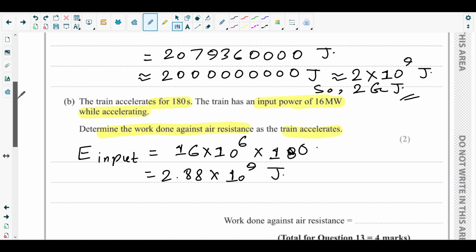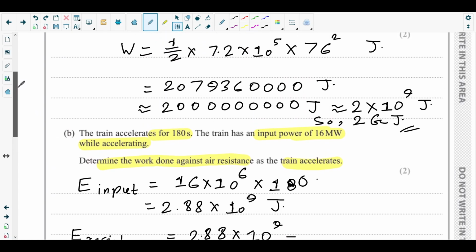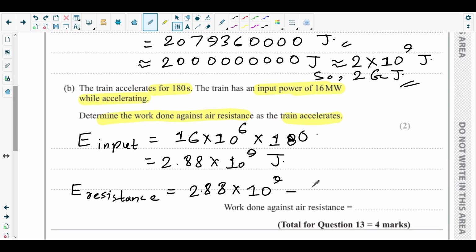So the work done against resistance, the energy transferred due to resistance, equals the total energy input, 2.88 times 10 to the power 9, from which we subtract the total useful energy, the actual value, 207,936,000,000 joule.